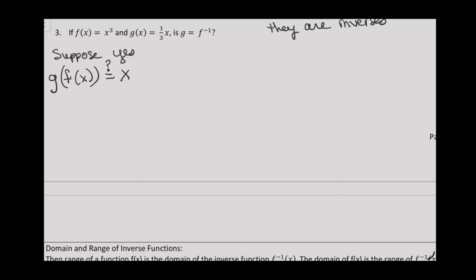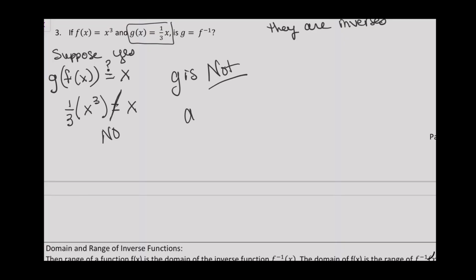So I'm going to take my g function, which is 1/3, and in the x spot, I'm going to put the f of x function. Does this equal x? No. So is g an inverse? G is not an inverse of f.